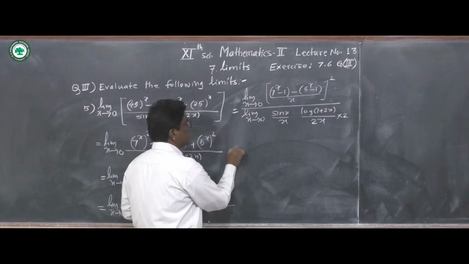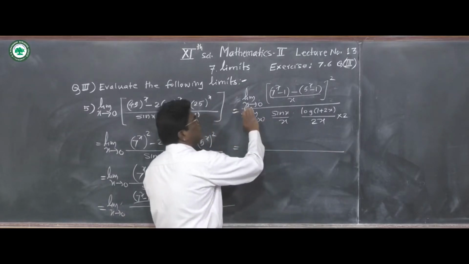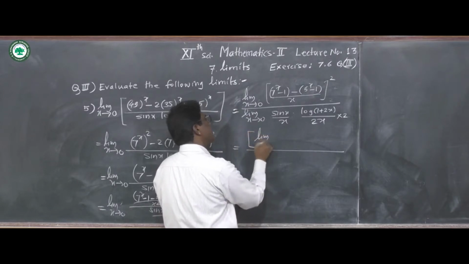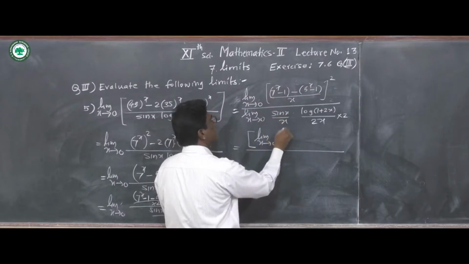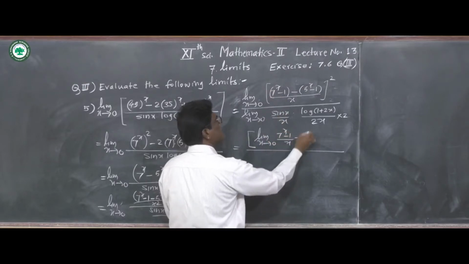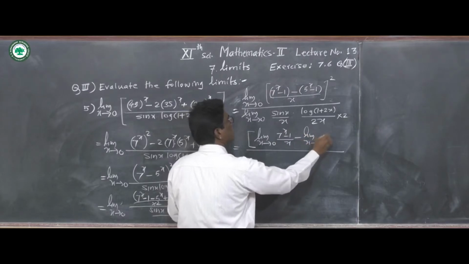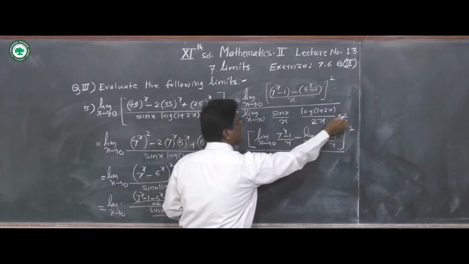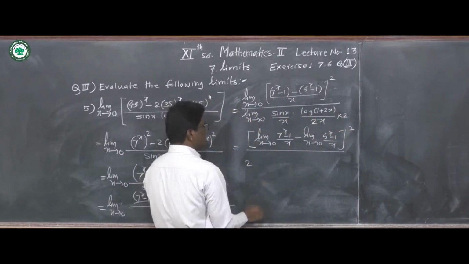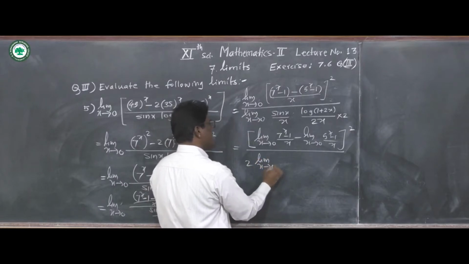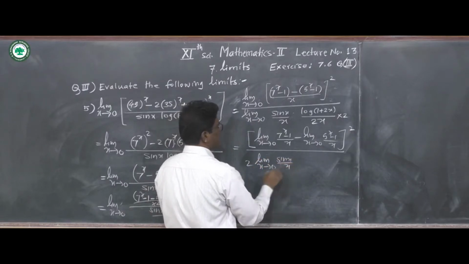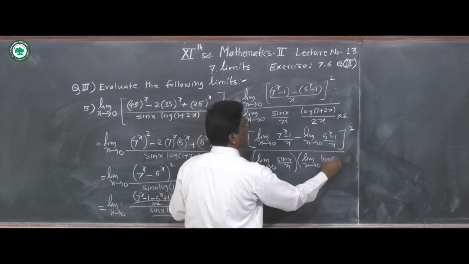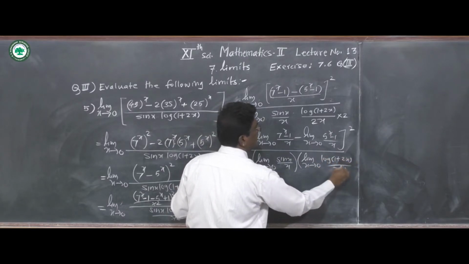So it is equal to, in the numerator we take the limit inside the square bracket: in square bracket, limit as x tends to 0, 7 to the power x minus 1 upon x minus limit as x tends to 0, 5 to the power x minus 1 upon x, and bracket square. And now this constant 2 we take outside the limit. So 2 and limit as x tends to 0, sin x upon x, and limit as x tends to 0, log of 1 plus 2x divided by 2x.